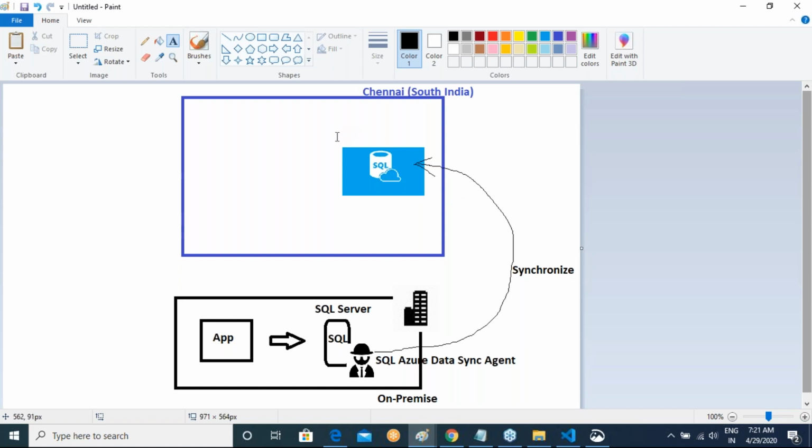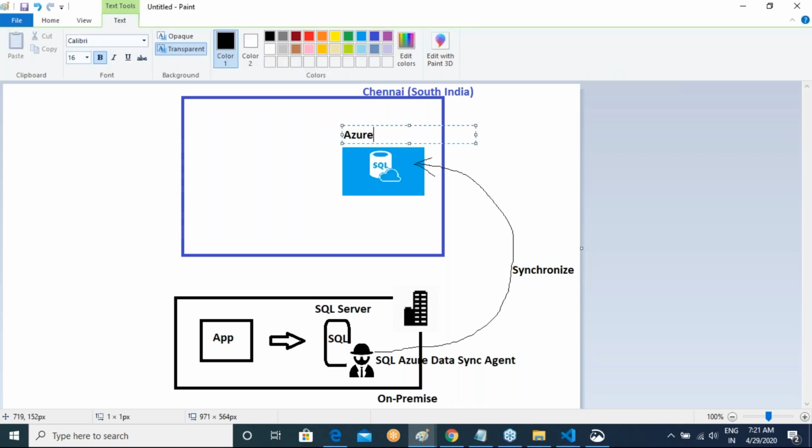But remember, this is possible only when I'm speaking about Azure SQL database, single or elastic. There is one more thing called managed instance.